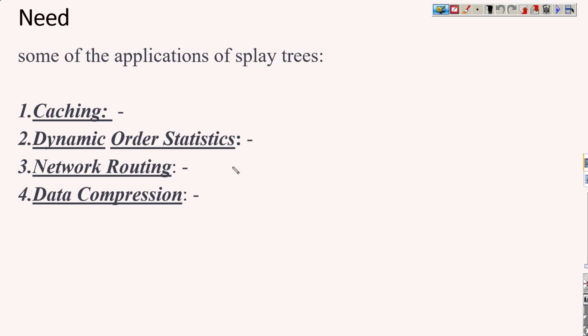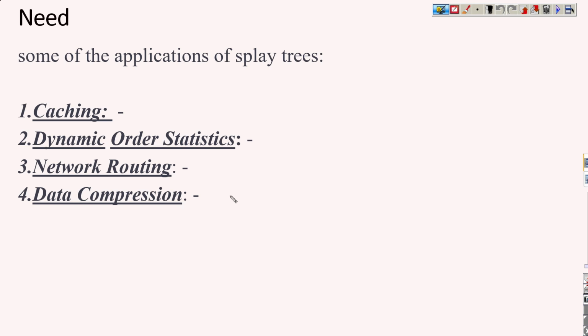So if any particular IP has been used, then we can assume that this IP or a set of IPs which have been used in a shorter time will be used frequently, and they can be arranged in such a way that they can be accessed very fast. Again, we can use the splay tree concept so that a set of IPs or a particular IP can be kept closer to the root, so that the IPs can be searched faster.